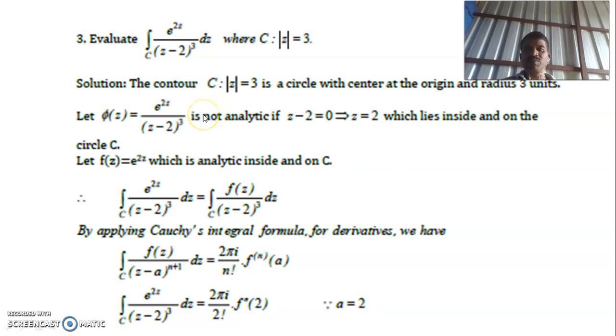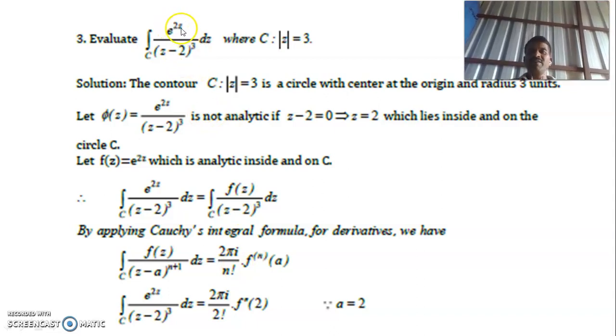In the third problem, we evaluate the integral of e power 2z divided by (z minus 2) whole cube, where C is the circle mod z equal to 3. We can take this as phi z, which is not analytic if the denominator of phi z is 0.